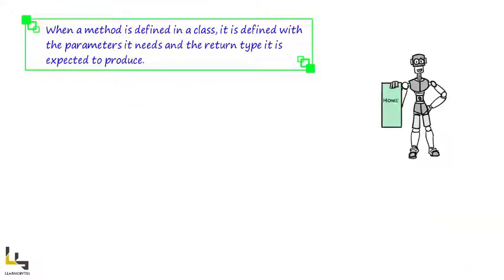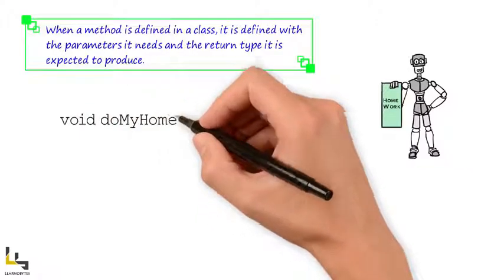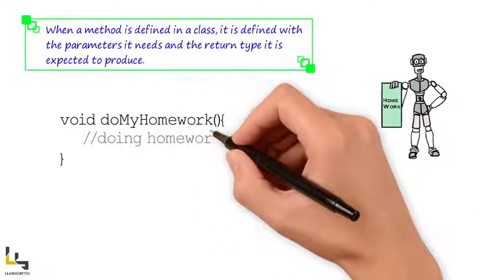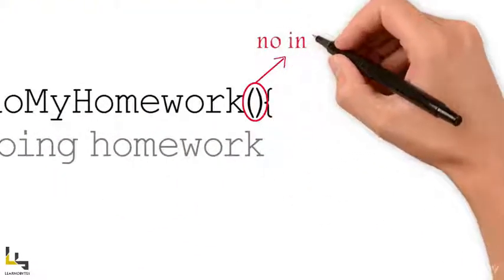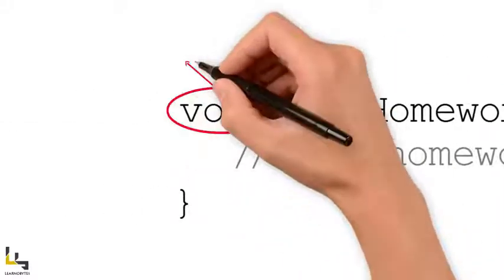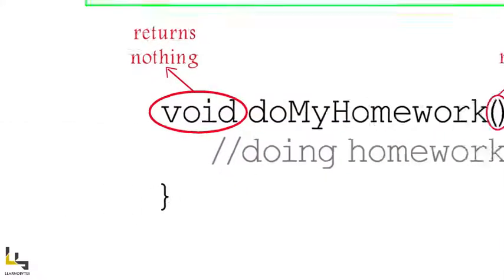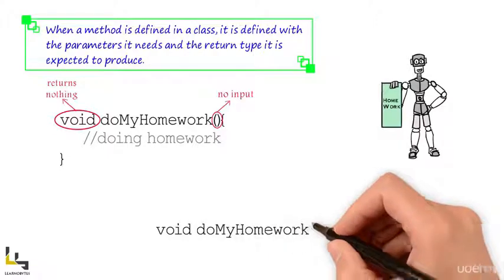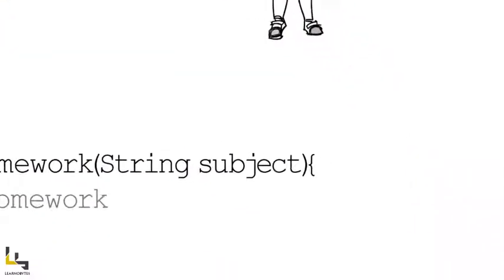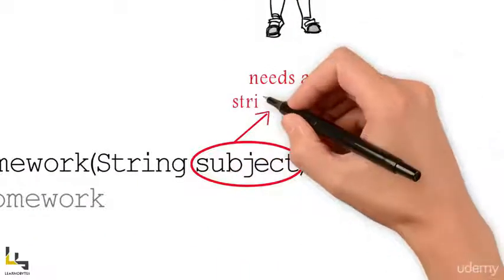For example, here we are defining a robot class, having a method do my homework that does not need input and does not produce an output. This method needs an input for the subject name it has to do homework for.